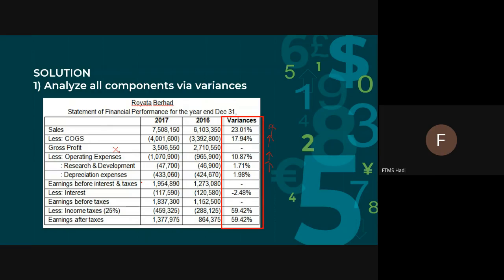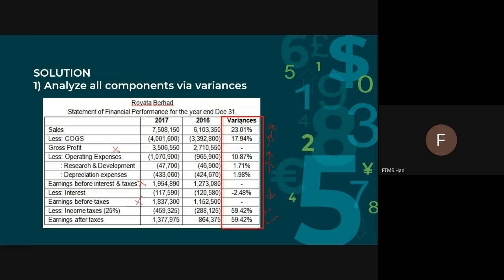Earnings before interest and tax, no need. This one you got negative. Negative means decrease, that means from 2016 to 2017 the amount is decreasing. Earnings before taxes, don't have to. Income tax, yes. And the last one, earnings after tax, also yes. So this is how you calculate the variances.